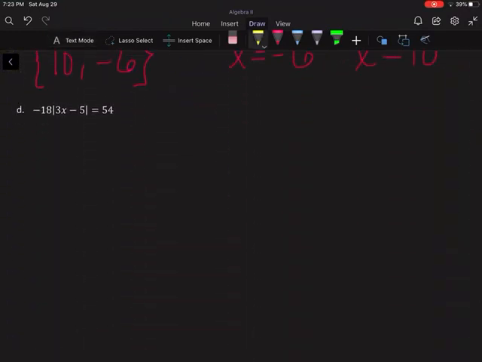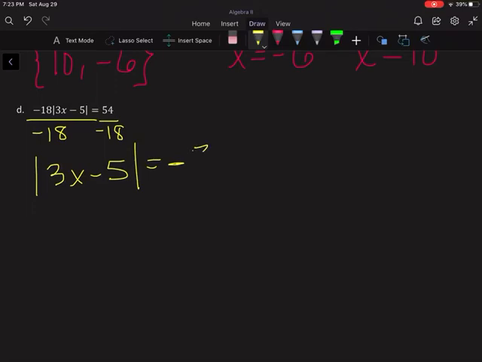All right, so this last one here, looks like we have to divide out this negative 18. Negative 3, yeah. Okay, so now I have an absolute value equal to a negative number.